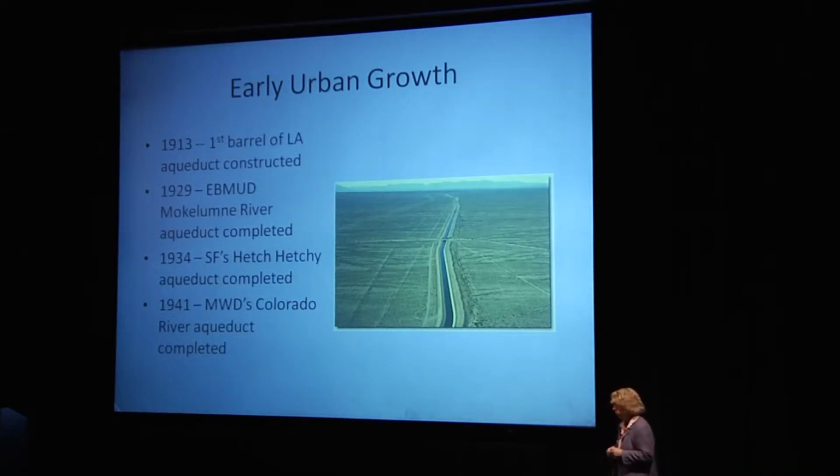Metropolitan Water District was essentially initially organized through the efforts of some of the communities outside of the city of Los Angeles who weren't participants in the original Owens River aqueduct, but still needed water of their own to grow. Pasadena, for example, was one of the early members of the Metropolitan Water District.